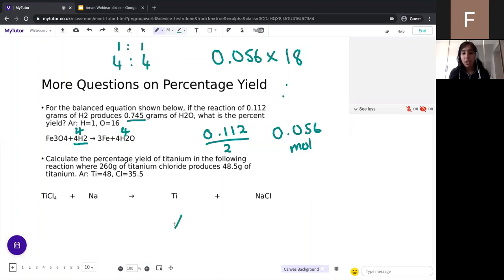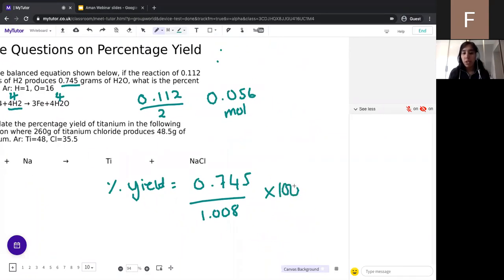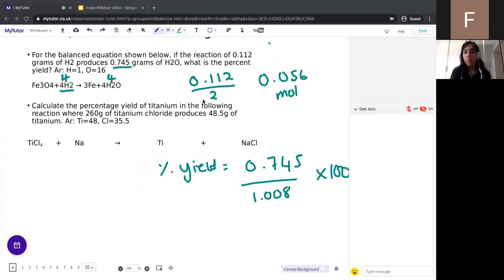So the percentage yield will be 0.745 over 1.008. And then we times by 100. So what's the percentage yield then? So 0.745 divided by 1.008 times 100. Great, 73.9. So remember, to 3 significant figures, 73.9%.